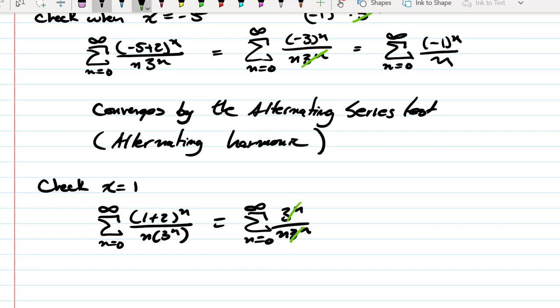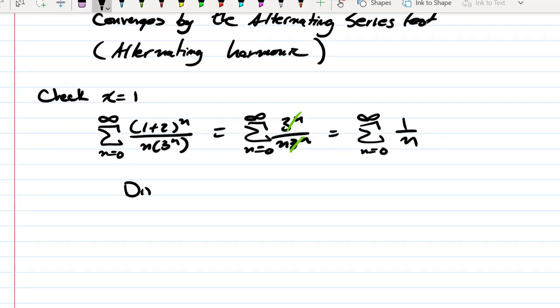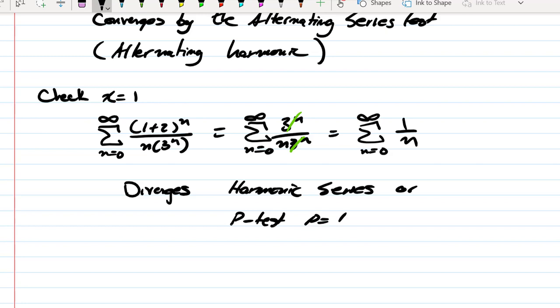The 3 to the n's reduce out, and we get the sum as n goes from 0 to infinity of 1 over n. And this diverges. So this is the harmonic series, or p-test, p equals 1 diverges.